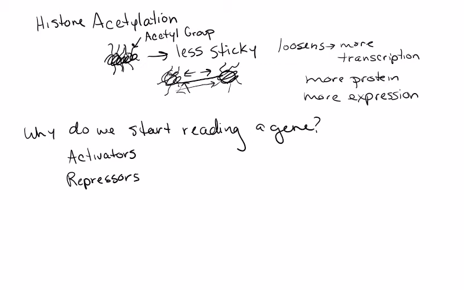Okay, so an activator is a complex that is going to bind to a specific region on a DNA strand that is going to tell you to start reading the DNA. Okay. Activators can come in different forms. They can be enzymes. They can be proteins that are not enzymes, but they're going to usually bind to a promoter region.